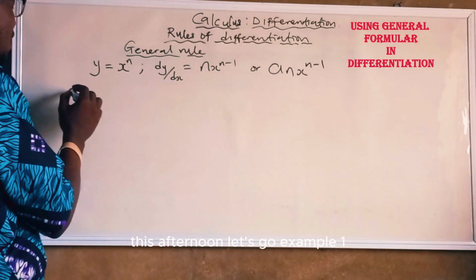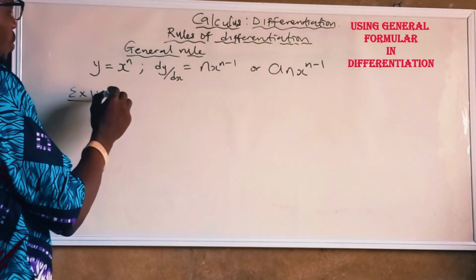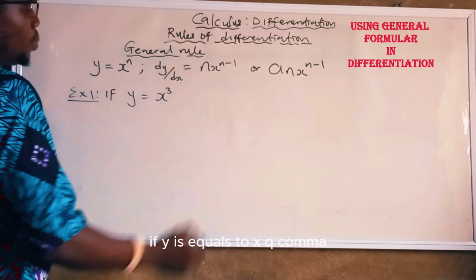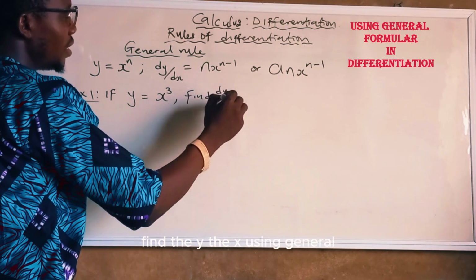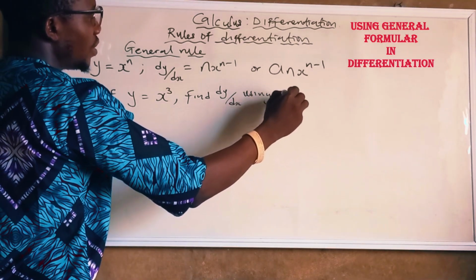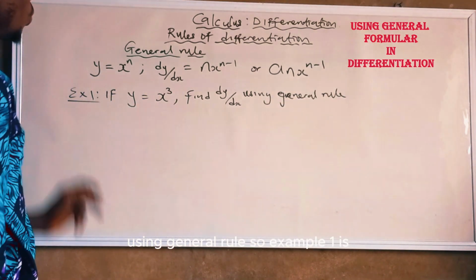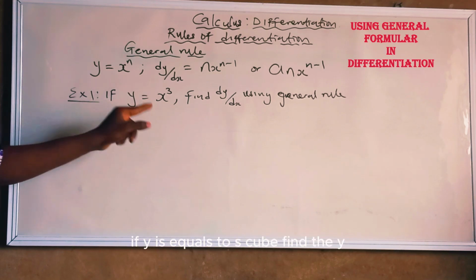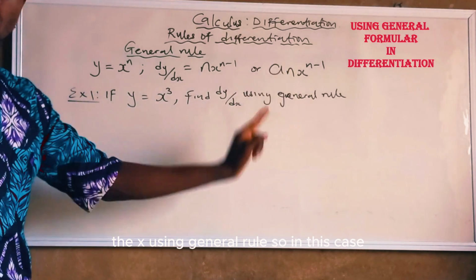Let's go. Example 1: if y is equal to x cubed, find dy/dx using the general rule.